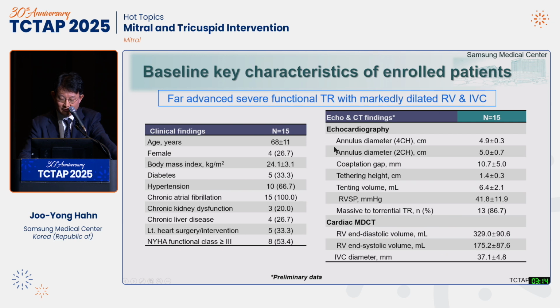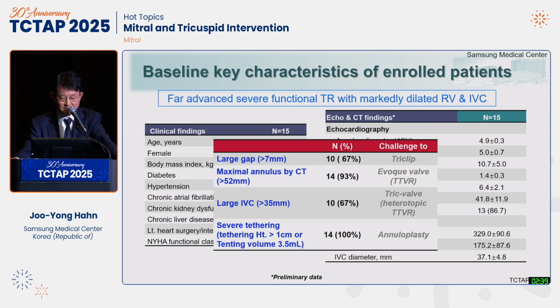In echocardiography, annulus diameter was about 5 centimeter, and coaptation gap was 10 millimeter. 13 patients had massive to torrential TR. 2 patients had severe TR. In CT examination, RV end-diastolic volume was 330, showing all patients had far advanced severe to torrential TR with markedly dilated RV and IVC.